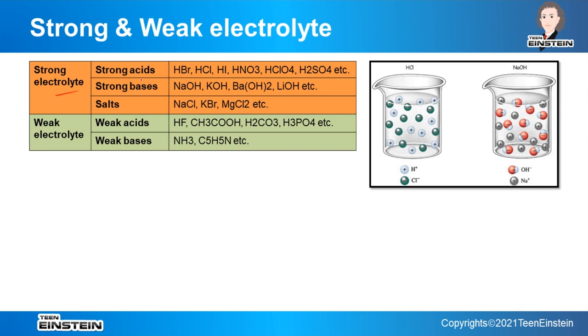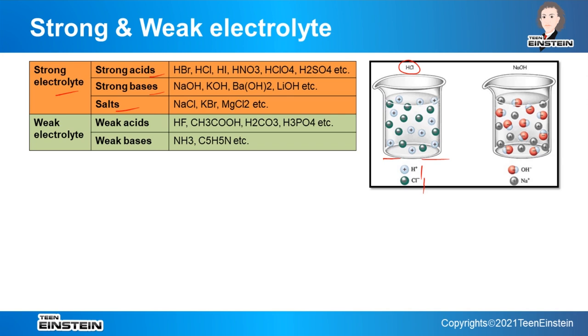Strong electrolytes are basically strong acids, bases and salts that are mostly fully dissociated. For example, NaCl, KBr, magnesium chloride. Here you can see that with water as the solvent, we have H plus and Cl minus ions. You will not see any distinct HCl molecule.